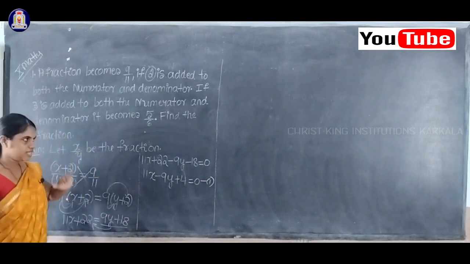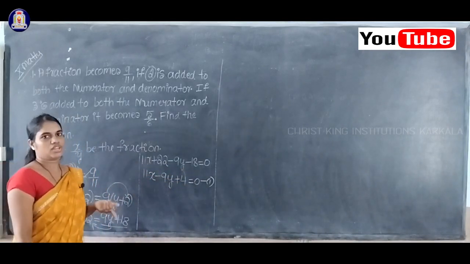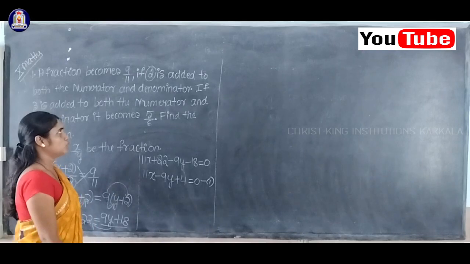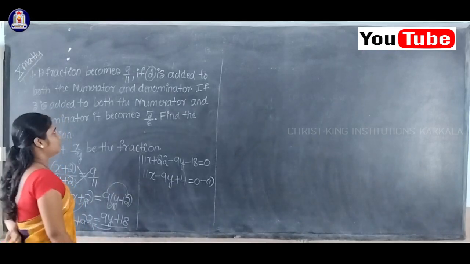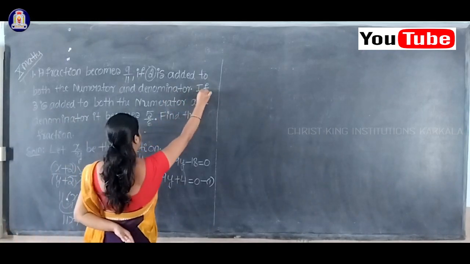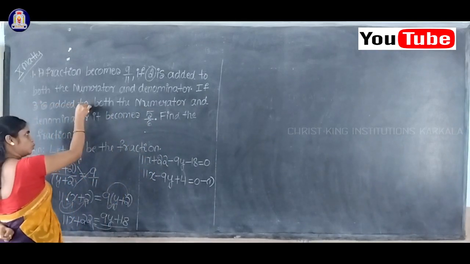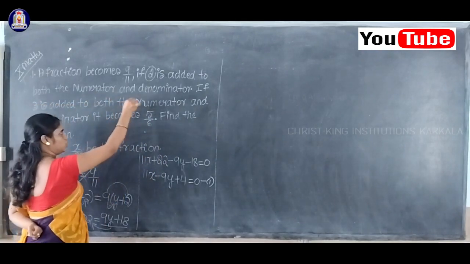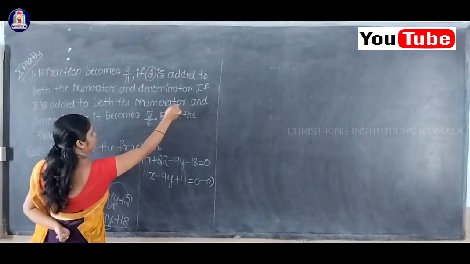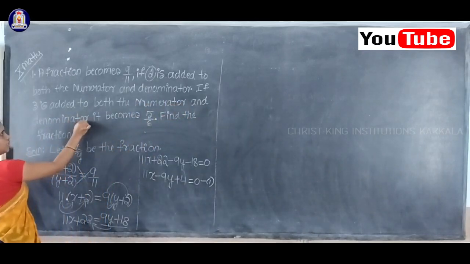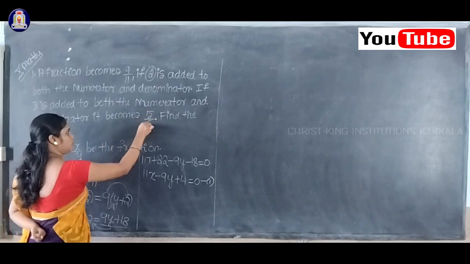In the same way I'll find equation number 2, another equation. Once again look at the condition: if 3 is added to both the numerator and denominator, it becomes 5 by 6.